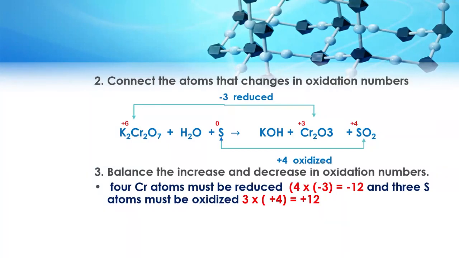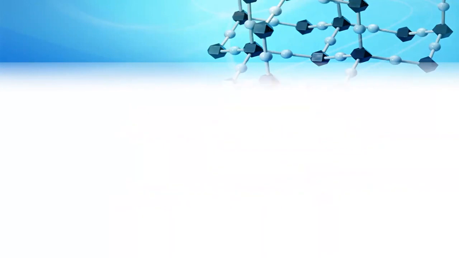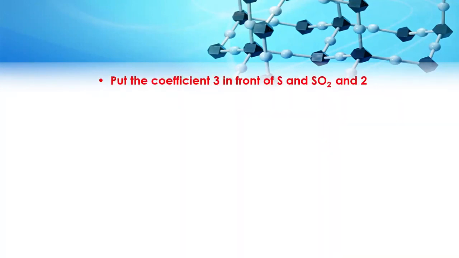Now, we use these numbers as coefficients. Put the coefficient 3 in front of sulfur and sulfur dioxide. 2 in front of potassium chromate and chromium(III) oxide.